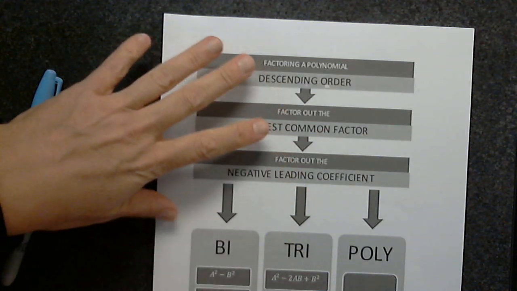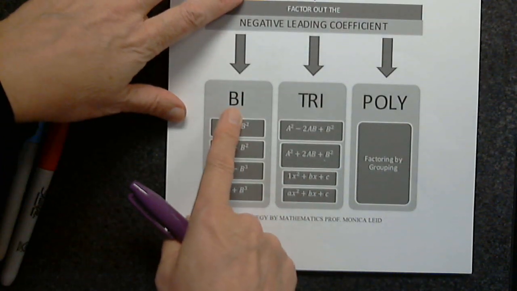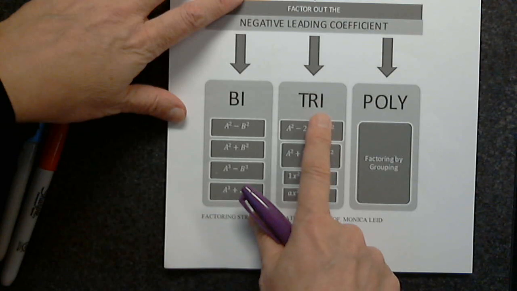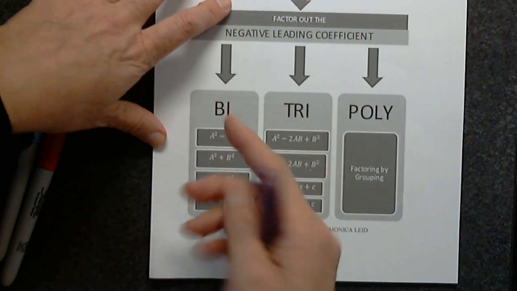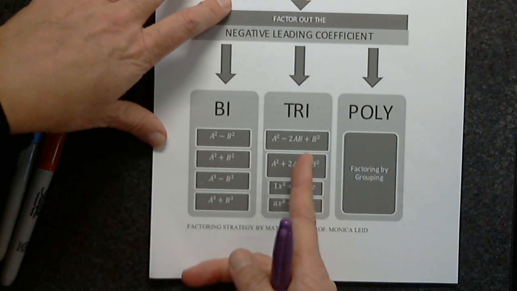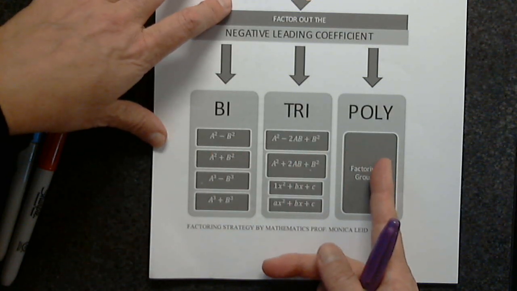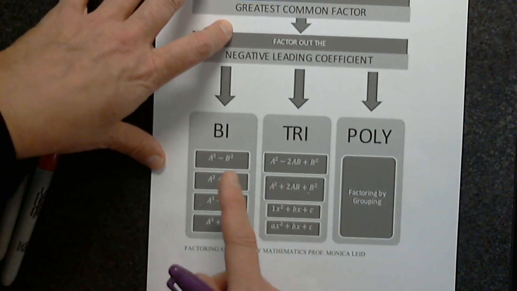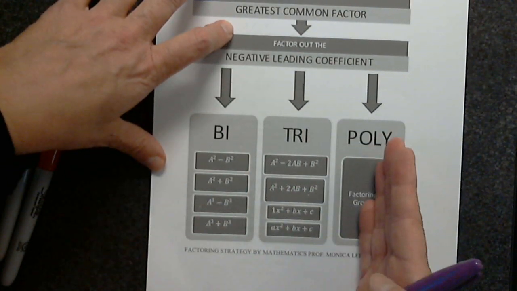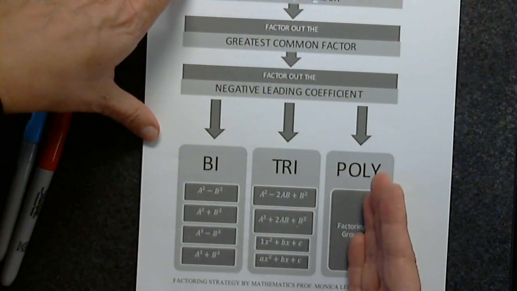First of all, I identify the polynomial as being what? Well, they're all polynomials, but this is special: 2 terms, special, 3 terms, and this 4 or more, 4, 5, 6, whatever. So first of all, I identify which category it belongs to.